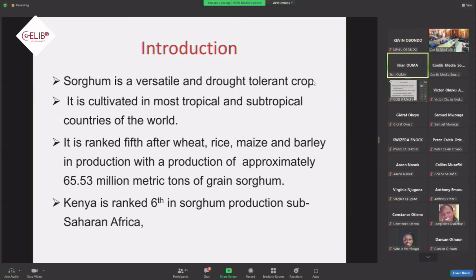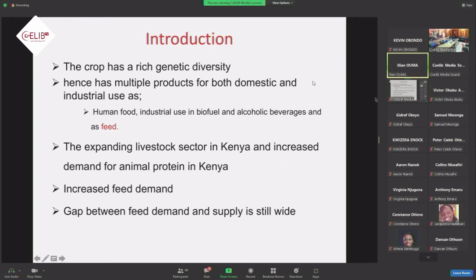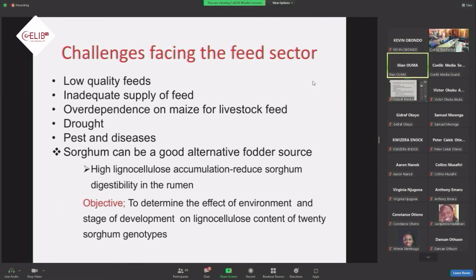Materials and methods. The experiment was conducted between March and September, the growing season in 2019, and repeated between May and October in 2020, in 3 locations with variations in temperature. That is Egerton University, which is at AZ3, Rongai, at agroecological zone 4, and Marigat at AZ5. The plant materials were sourced from ICRISAT, the GeneBank, and from farmer selections.